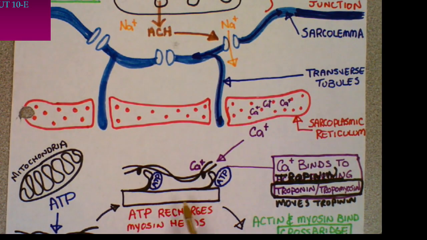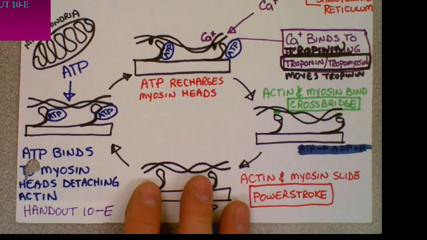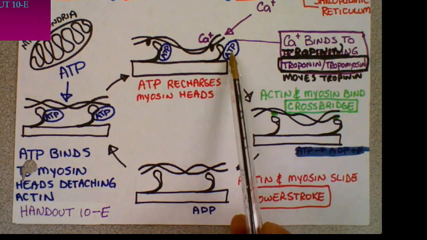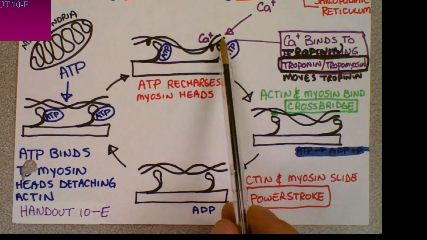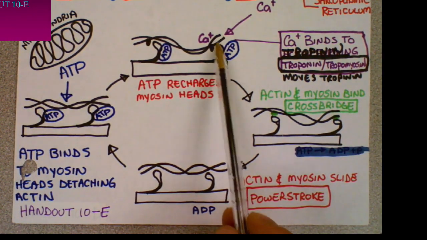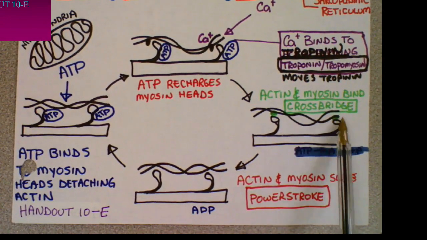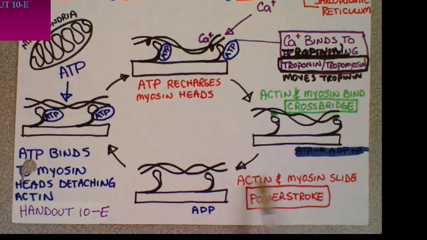Now, once that occurs, we go into this contraction cycle that I just talked about. So this is just the same thing. So we've got ATP on the myosin head. The calcium moves the troponin. The actin and myosin can stick together. That forms a cross bridge. Once the cross bridge is formed, then the actin and myosin slide together.